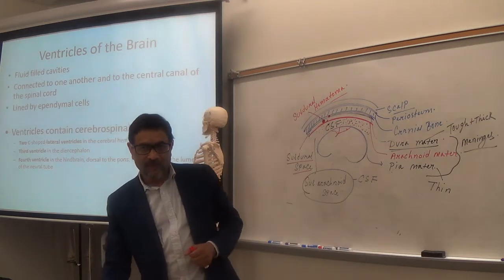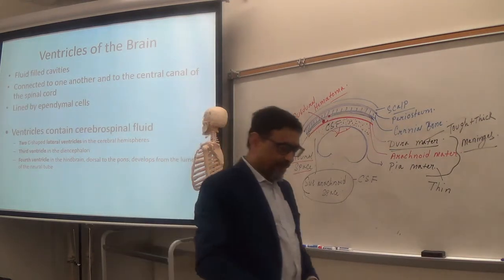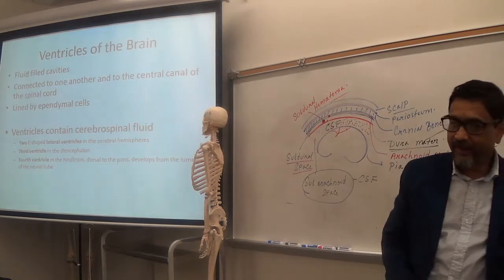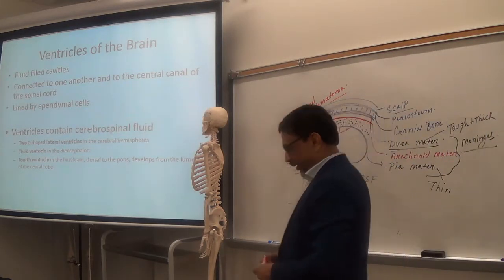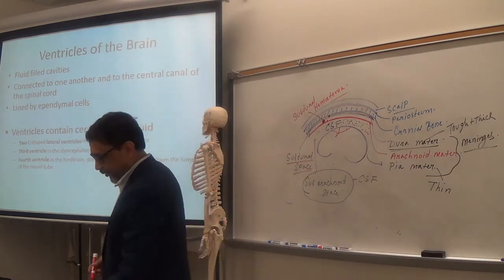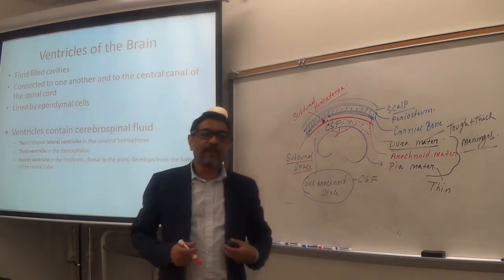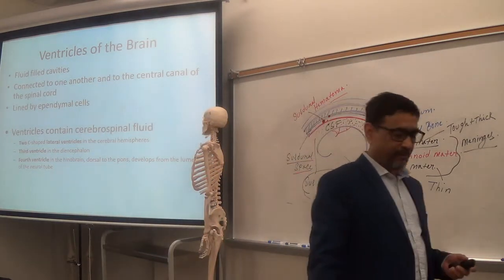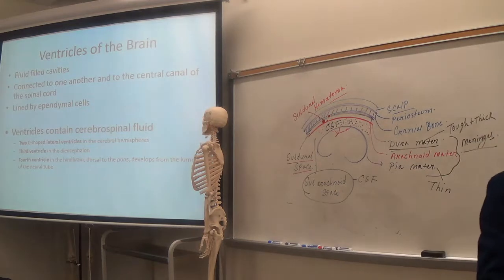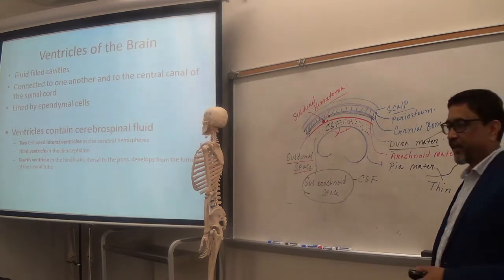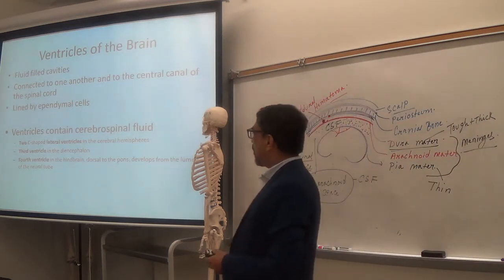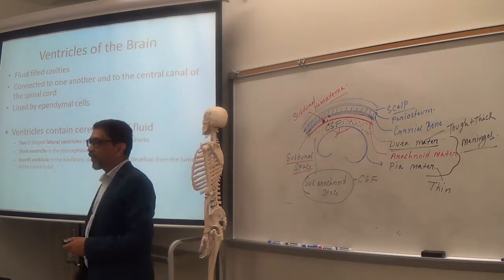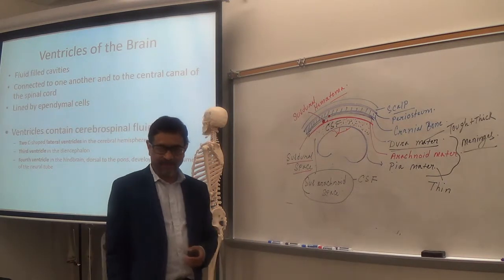Ventricles of the brain. Inside the brain, you have fluid-filled cavities. How many ventricles do you have? You have 4 ventricles altogether: 2 lateral ventricles, 1 third ventricle, and 1 fourth ventricle.